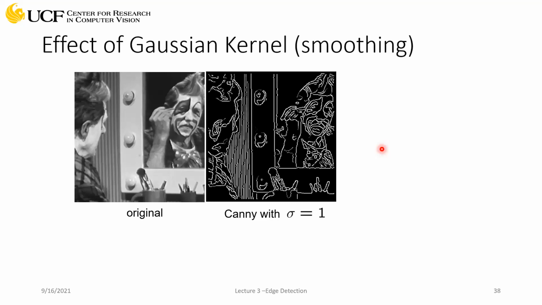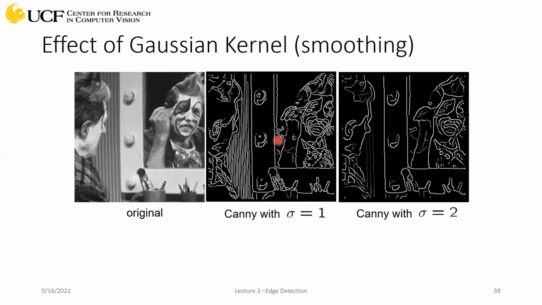Okay, and again, since we are using Gaussian kernel for smoothing, we'll have different results based on what standard deviation we are using for that Gaussian filter, right? So this is the input image. In this case, the edge detection result shown here is using a standard deviation of 1. And if you increase the standard deviation, then you can see that the edges are not that fine grained.